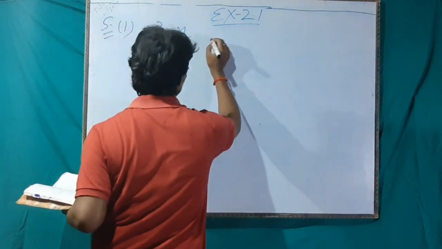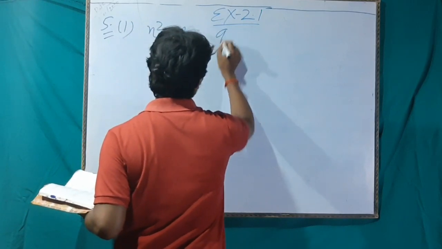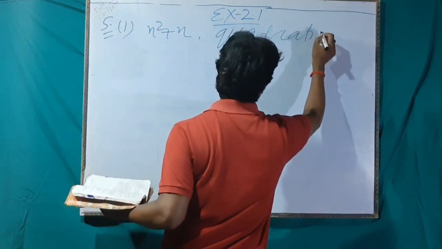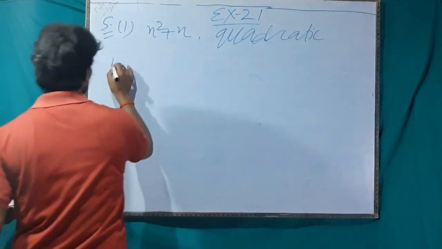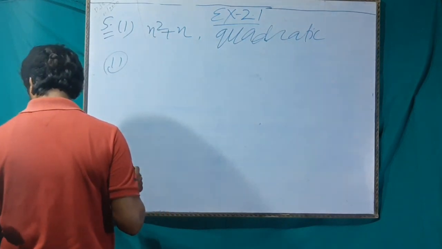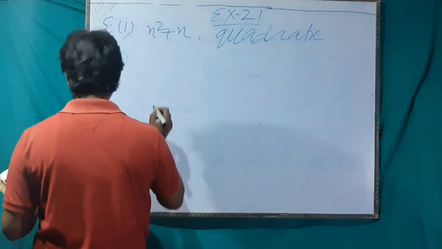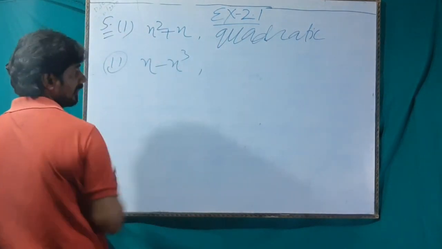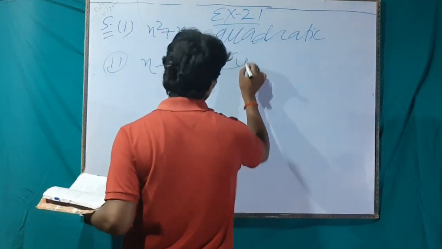So you can write quadratic polynomial. Second, x minus x cube. Here degree is 3, so cubic polynomial.